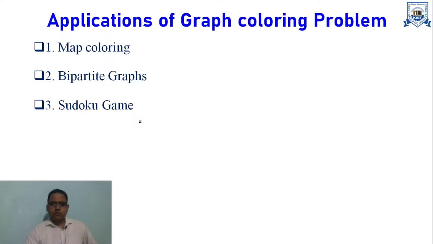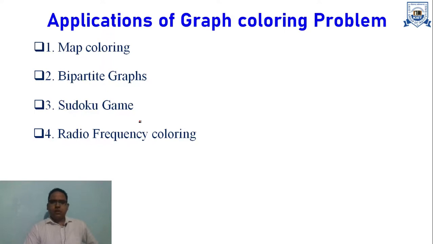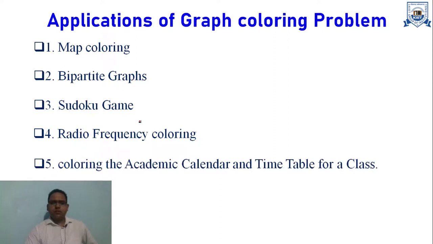Radio frequency: to differentiate different frequencies we can use graph coloring techniques. And lastly, the academic calendar of an institution or the timetable of a class, where we can have different colors. With the minimum colors we can color the whole timetable. That is where we can use graph coloring problems in day-to-day life. So this is all about graph coloring problems.